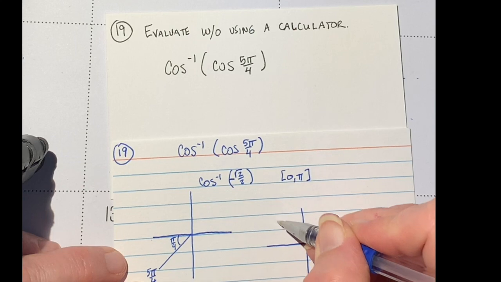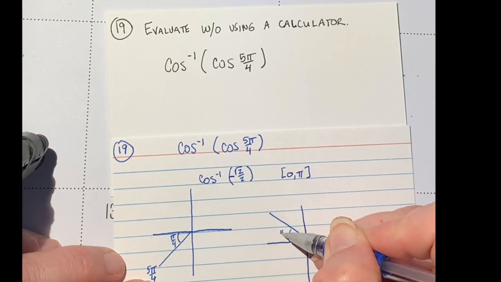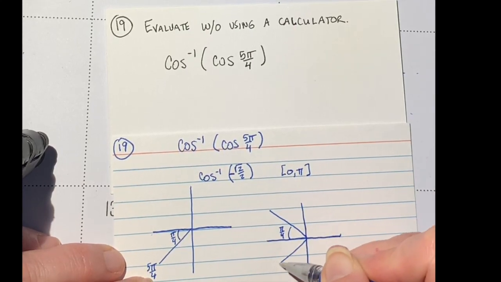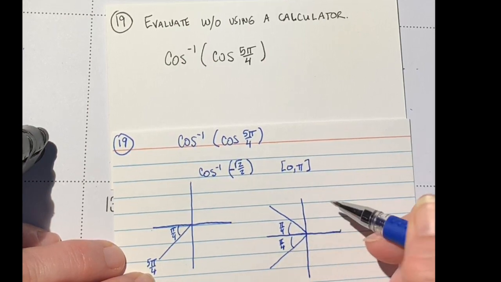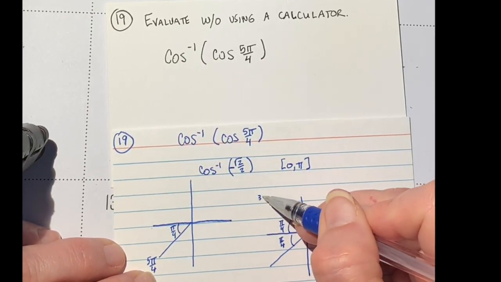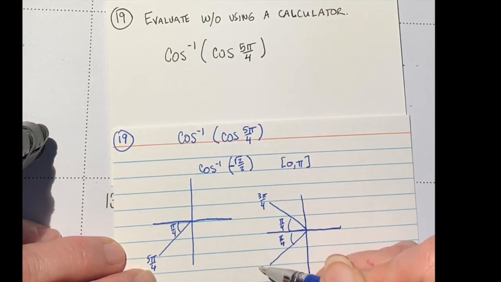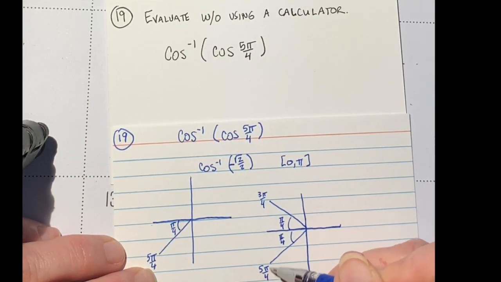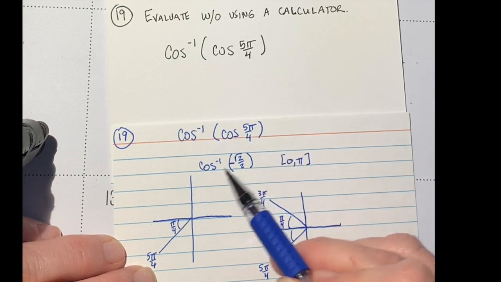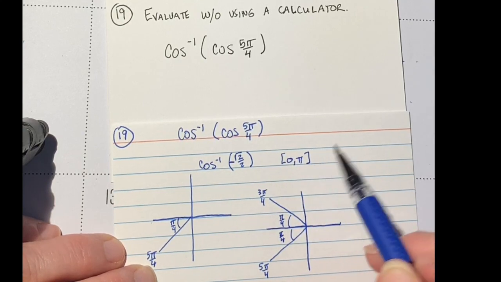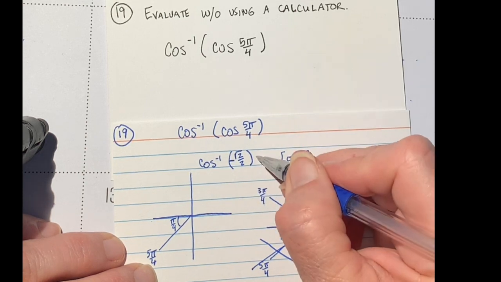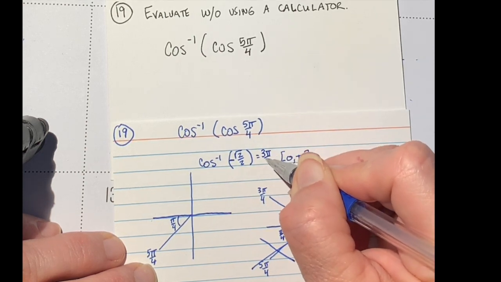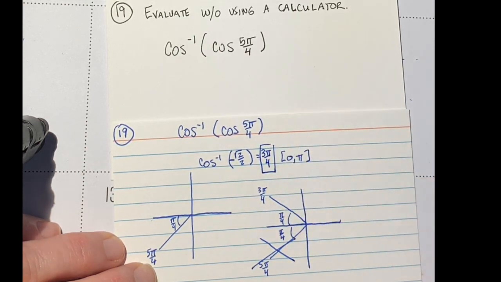Cosine is negative in this quadrant, so it would be that angle and reference angle there. So this would be at 3 pi/4, and this would be at 5 pi/4. But 5 pi/4 is not in the domain for an inverse cosine. And so I know it's not this one, I rule that out, and so 3 pi/4 would be my correct answer.